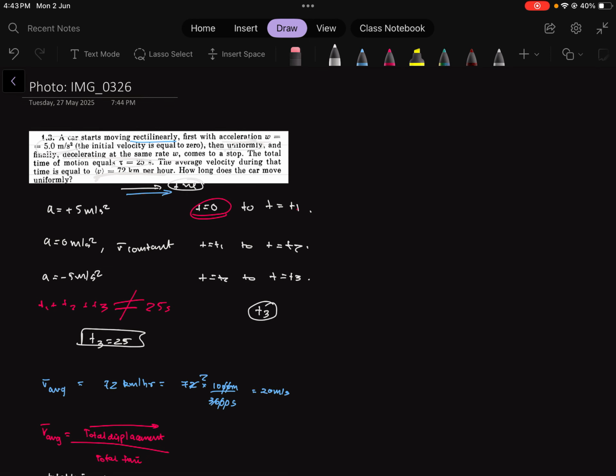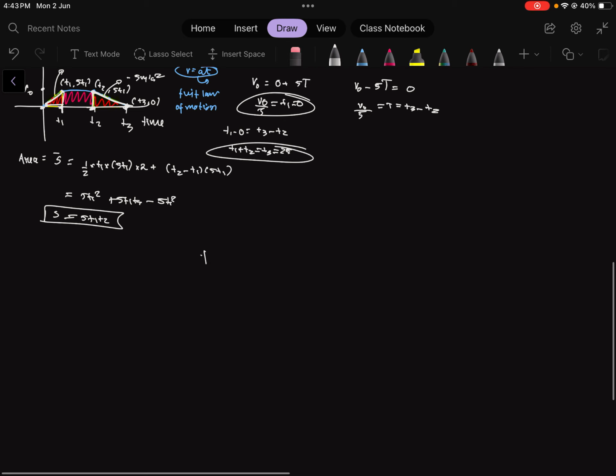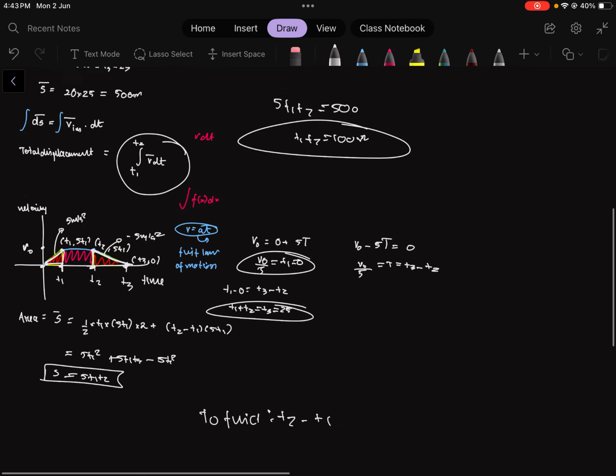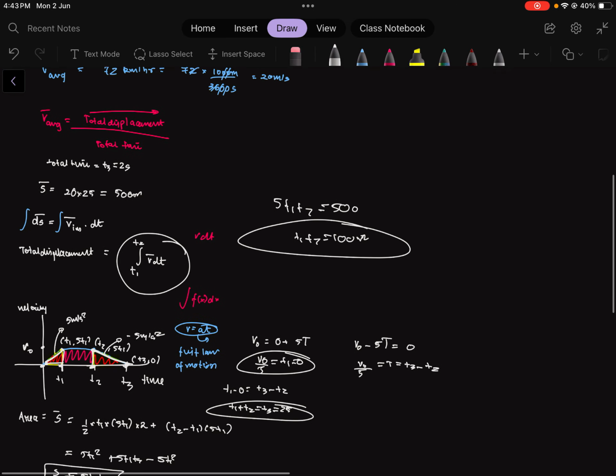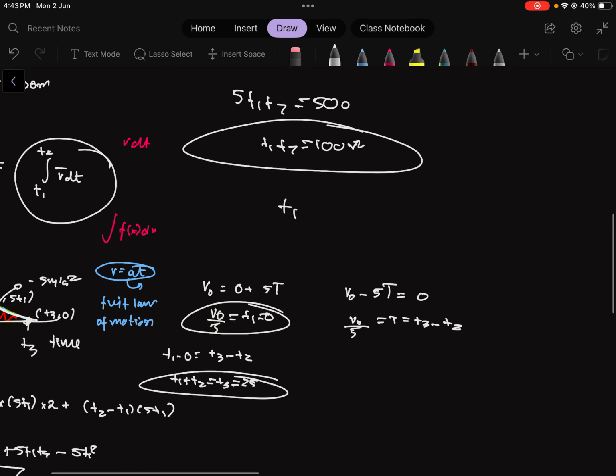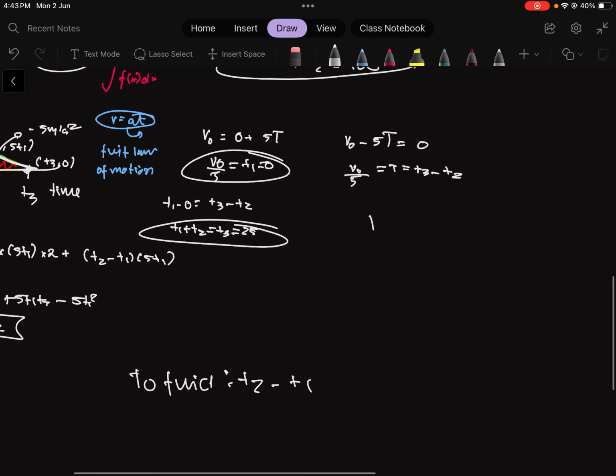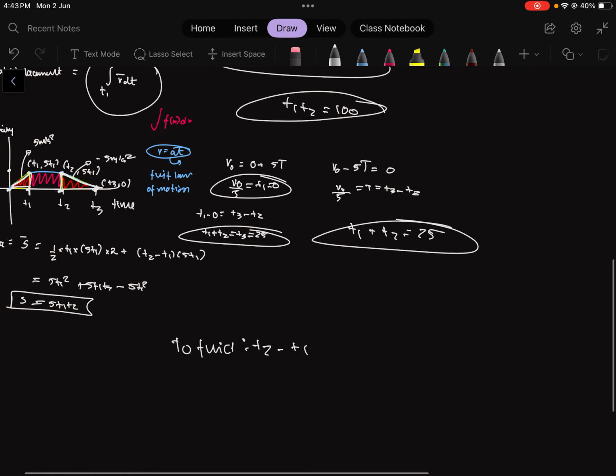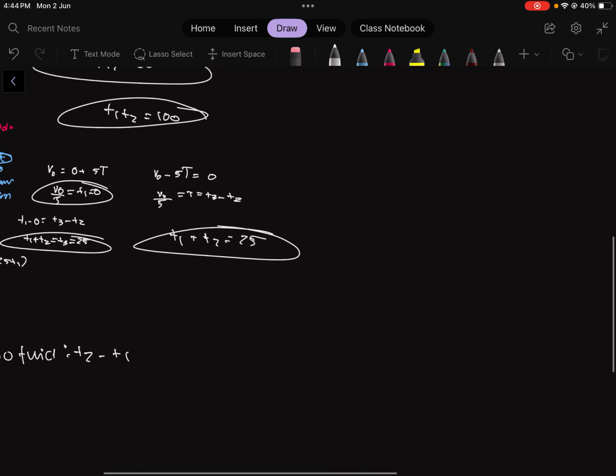So we need to find the total interval during which the car moves uniformly. So basically to find t2 minus t1. We've got two equations in t1 and t2, right? One equation is t1 t2 is 100 and the other is t1 plus t2 is 25. So let's make use of these equations, because then we can form a quadratic in either variable, solve for that variable, and then simply find t2 minus t1.